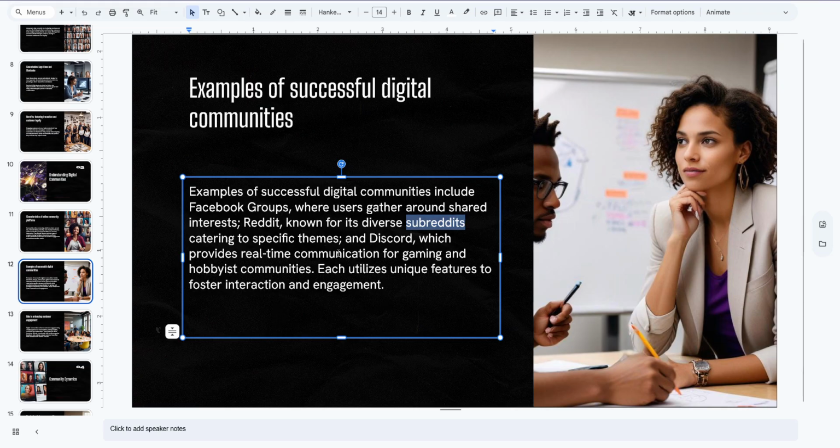The point to note here is where users gather around shared interests. That's how you build a community, right? It's the modern community. The traditional community is where we are born, with the people with whom we stay surrounding us, but our interests do not align.